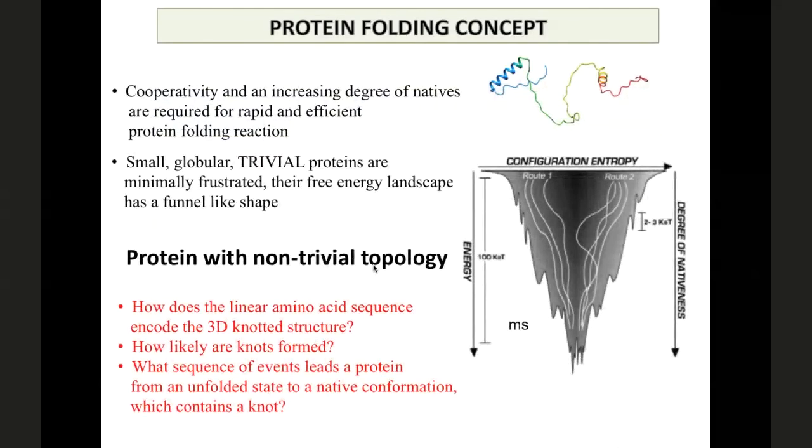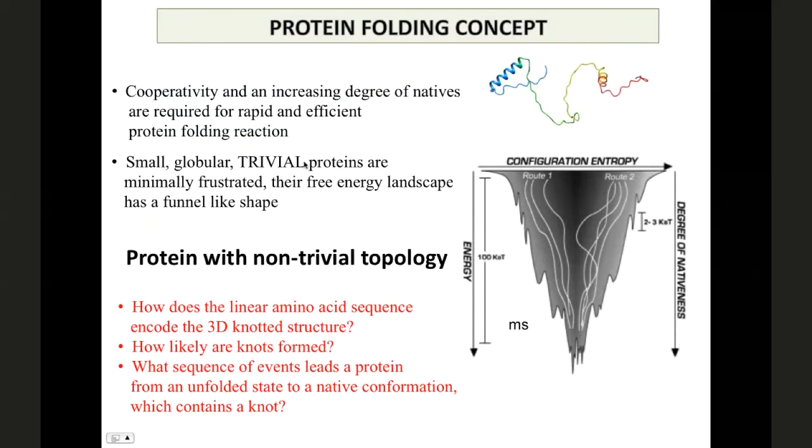So now I would like to tell you something about the folding of knotted proteins. But before I talk about this, I would like to remind you what we know about folding proteins in general. We usually say that a protein has a rather smooth landscape, which was introduced by José Onuchic and Peter Wolynes, and that cooperativity and an increasing degree of nativeness are required for rapid and efficient protein folding.